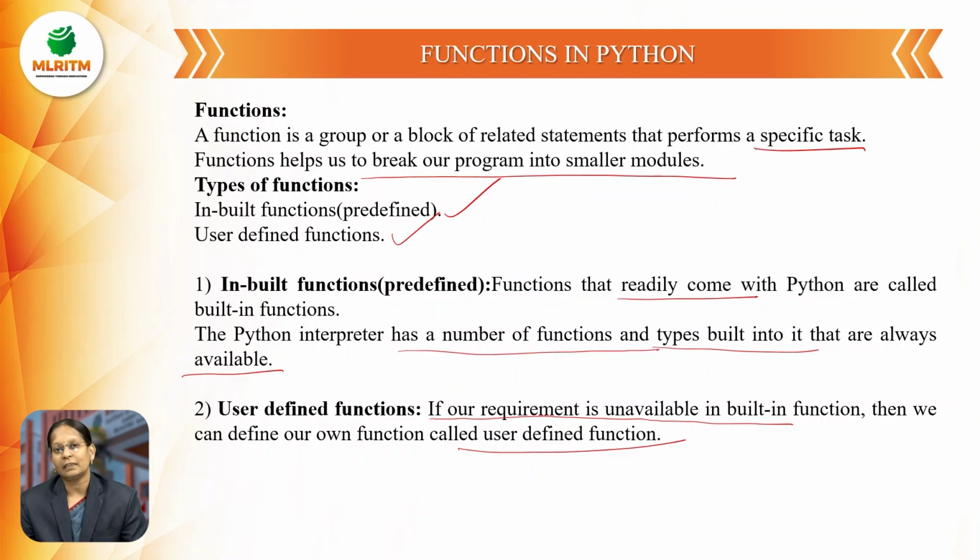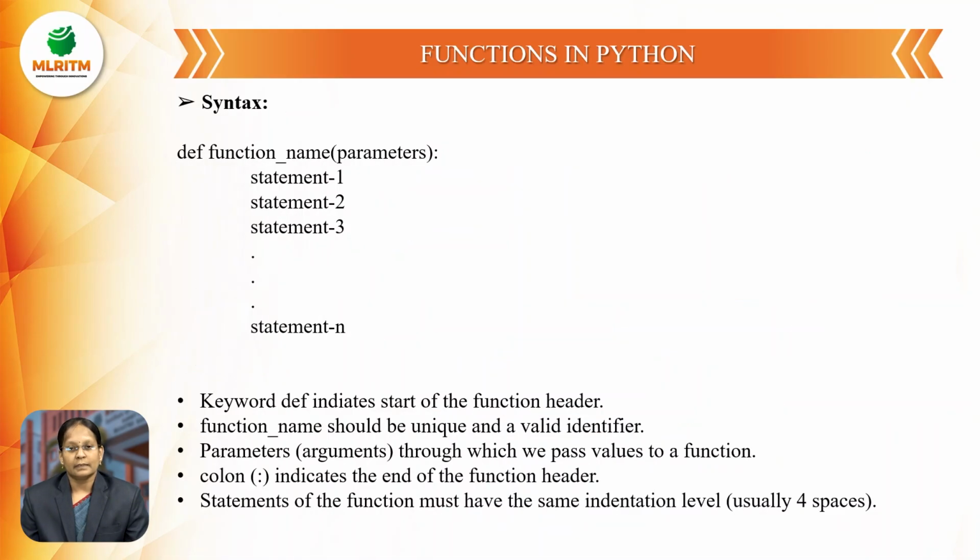Built-in functions are those whose code already exists in the Python virtual machine, but for a user defined function, the user has to write the code for a particular task. So these are the two types. The syntax for the user defined function: the first line is the definition part.